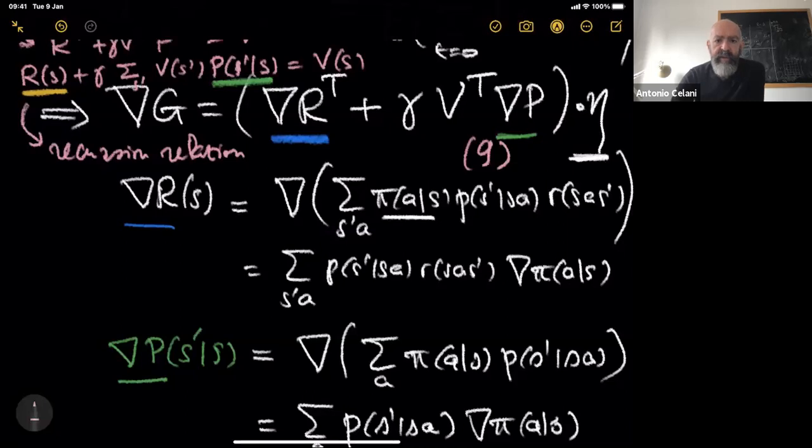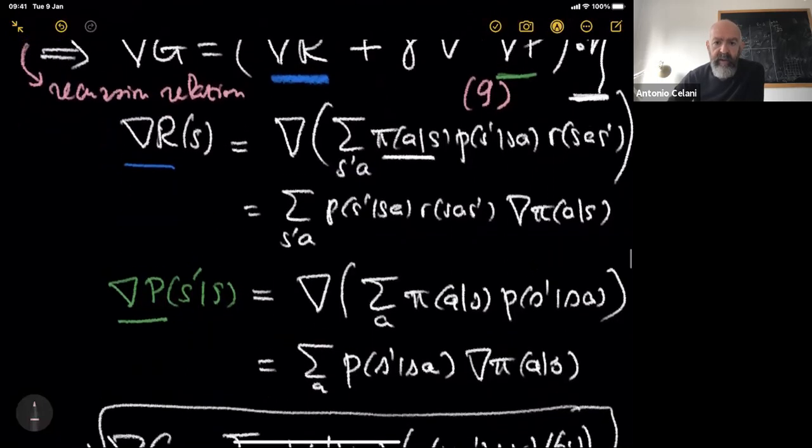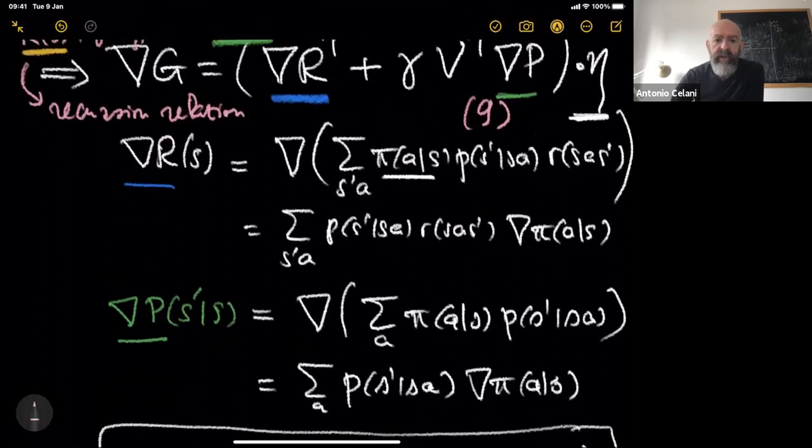So the first term, I just reinserted the definition of our capital R of S, which is the expected reward at the current step, which depends linearly. So it's straightforward. The derivative gets into the sum, and then this is what you get. And similarly below, nothing different. Insert the definitions.